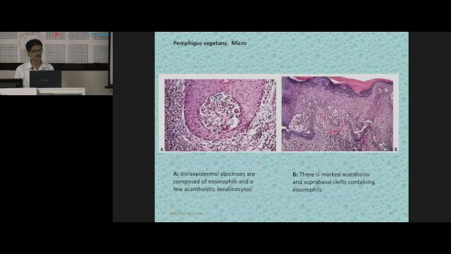Same at higher magnification, you can see the intraepidermal abscesses, and they are composed of eosinophils and a few acantholytic keratinocytes. So within a pustule, if you find that there are a few acantholytic cells, then you may suspect that this may be a case of pemphigus vegetans.